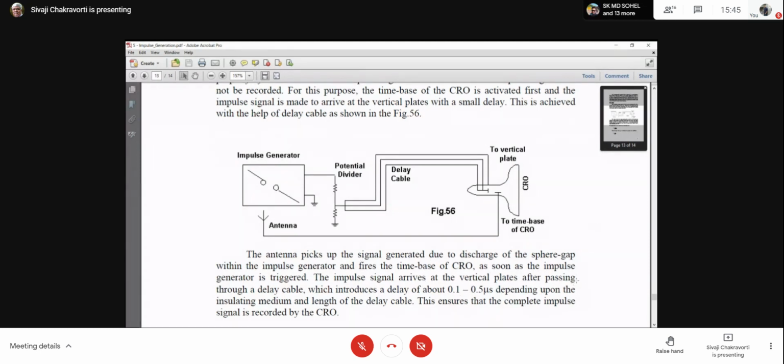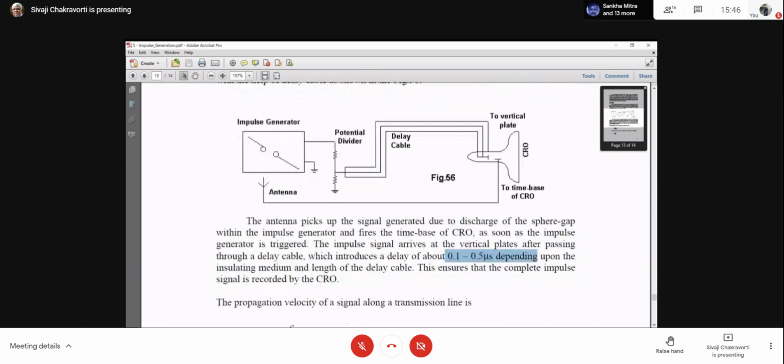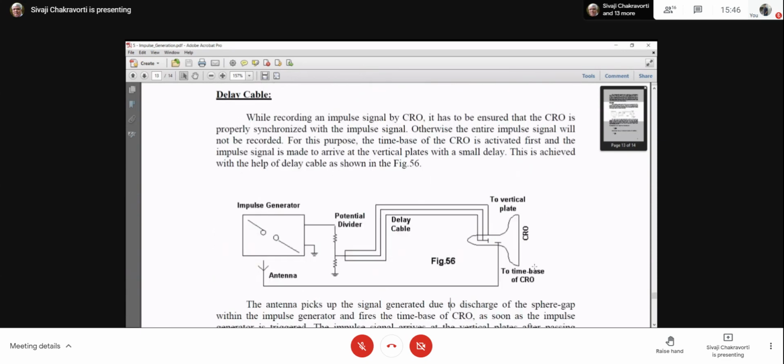And that is enough for recording the impulse on the Y plate. So this is called a delay cable, which generally incorporates a delay not even 1 microsecond, typically about 0.5 microsecond, which is itself enough for recording by the oscilloscope. So this is a very interesting concept.